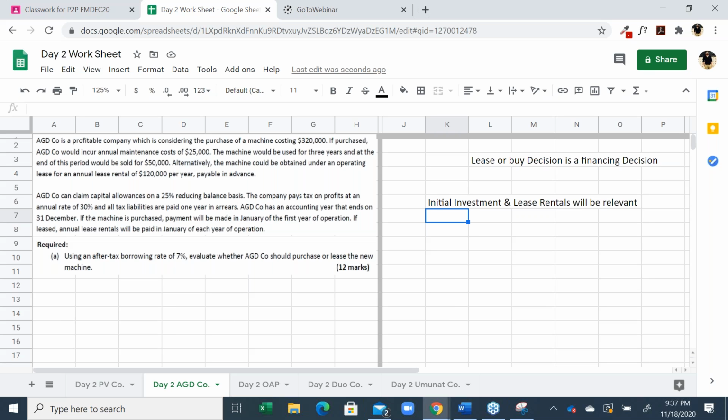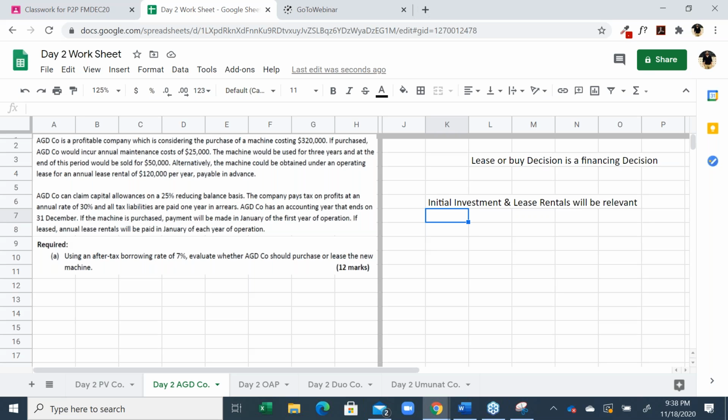Okay, what about scrap value? Will there be any difference to scrap value? Yes, there will be a difference. In case of leasing the asset, remember the legal title will not be with you. You won't be considered as the owner of the asset. You are just using the asset. That's it. So in case of a lease, the company will not be able to sell the asset at the end of the useful life, and therefore it won't be getting any scrap value.